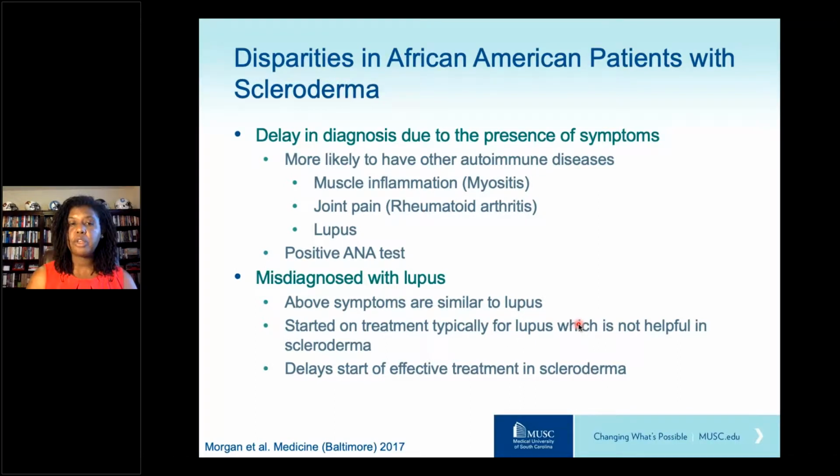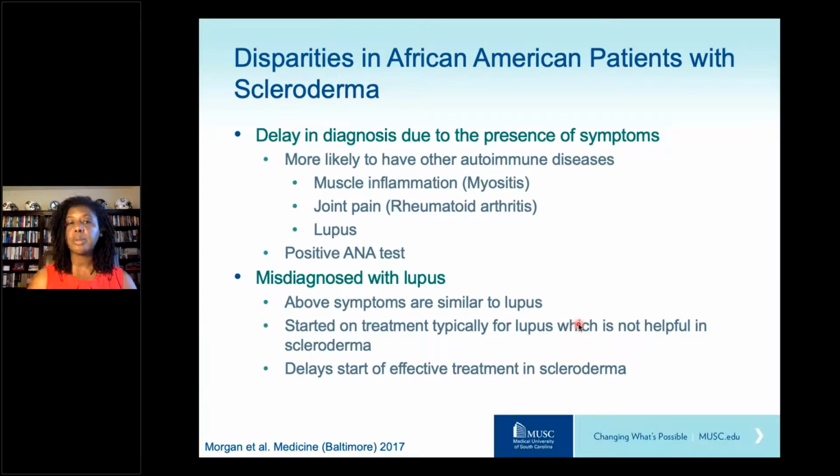We mentioned before that African American patients can also have a positive ANA test as well. It's been circulated throughout medicine, and some clinicians associate a positive ANA test with only lupus and not other autoimmune diseases.